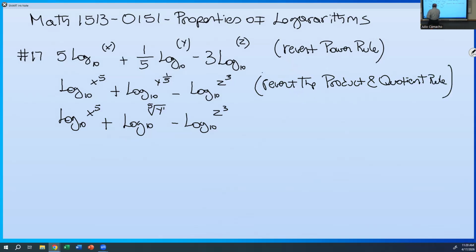Because you have a plus and a minus, that means you have two terms in the numerator and one term in the denominator.